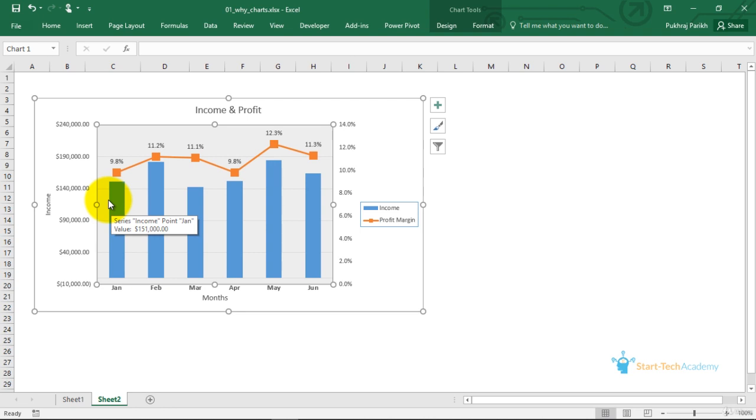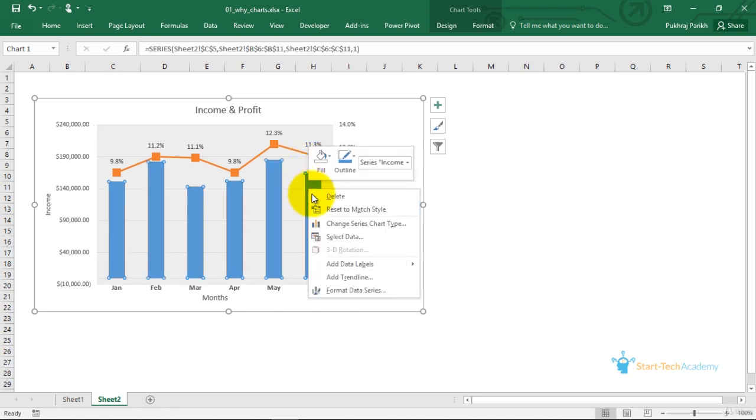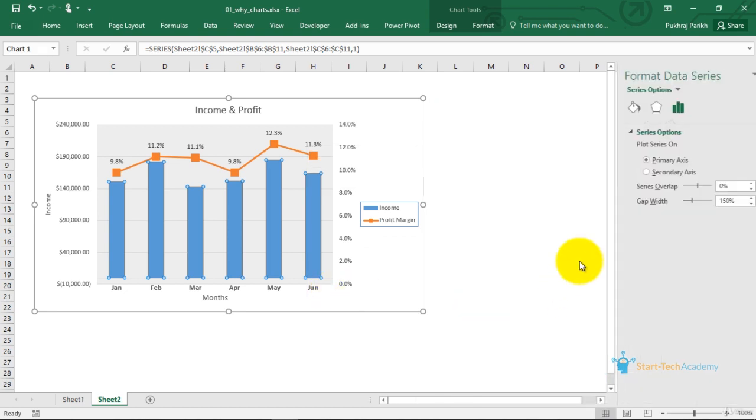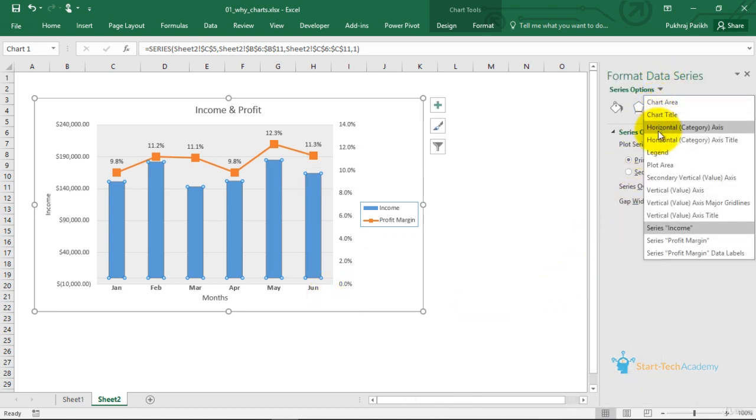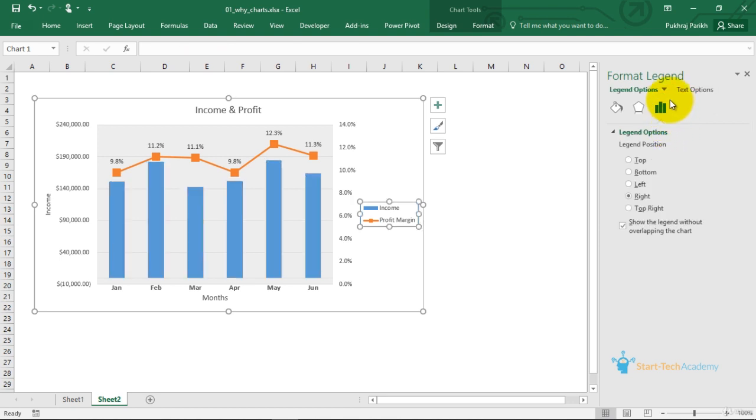So that's all for the nomenclature of charts. But why did we learn all of these? We learned all of this because Excel has independent formatting options for all of these elements, and it will be really helpful to divide any formatting task into manageable individual segments, and then we can format each of these individual elements separately.